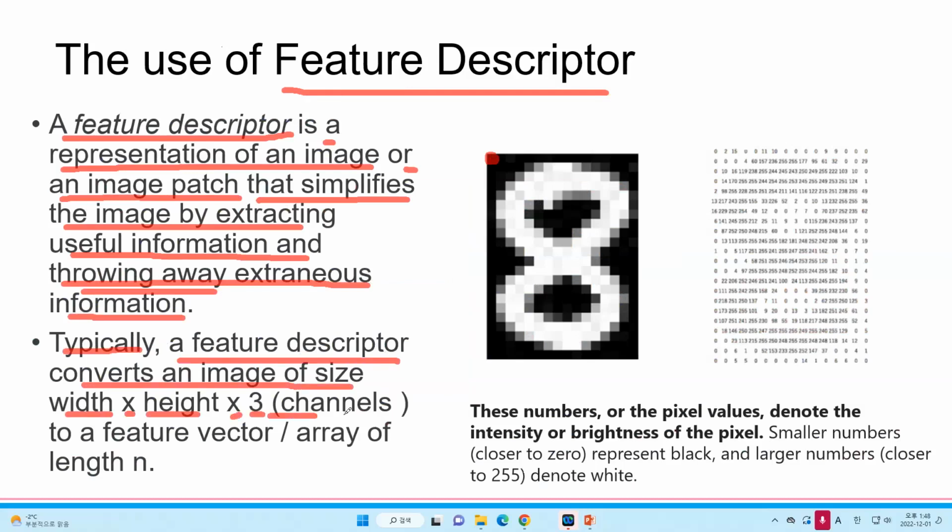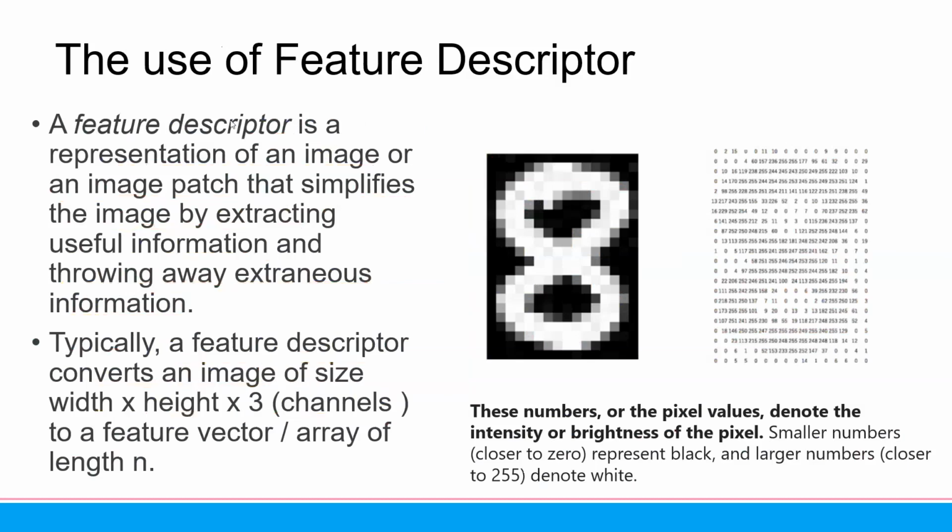So 3 means this is 3 channels. If you still remember, we have the R, we have G, and we have B. What is it? Okay, good, right? Red, green and blue. So that's the basic color.